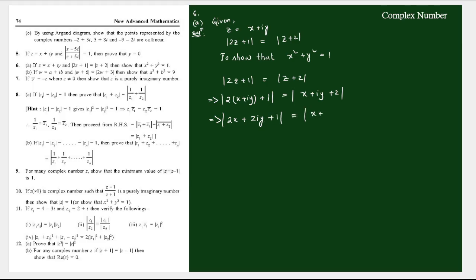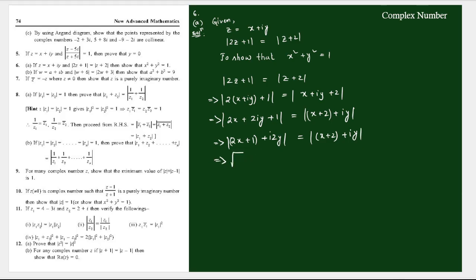Here x plus 2 plus iy. And you can write down 2x plus 1 plus, this is your real part, this is your real part, i 2y, you can write down, and x plus 2 plus iy.